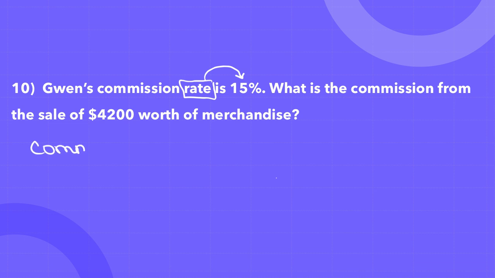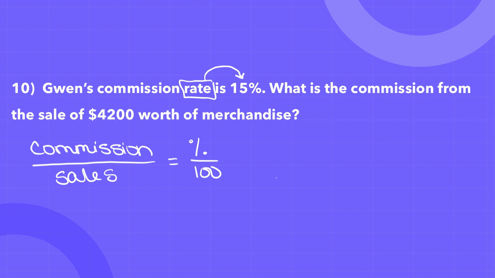It says commission as the part over sales, which is your whole, equals percent over 100. It also gives you the equation that the sales multiplied by the percentage will give you the commission.